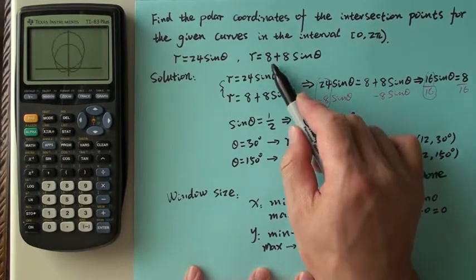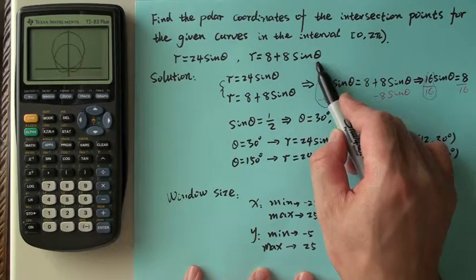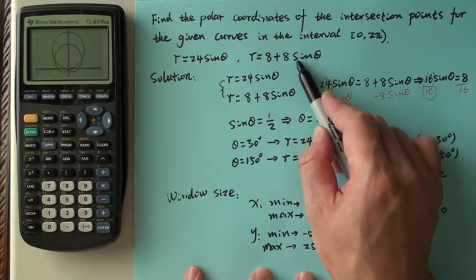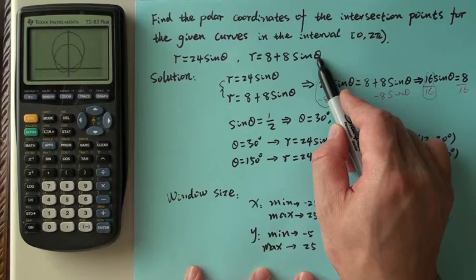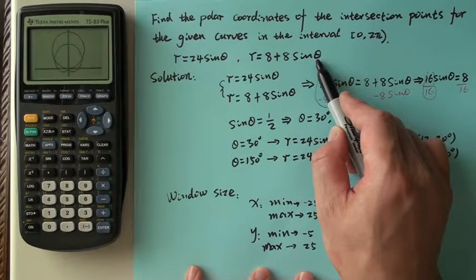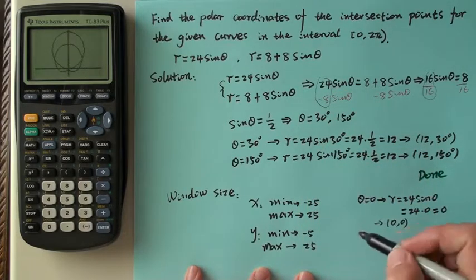You want 8 plus 8 sine theta to be 0, so let sine theta be -1. Theta will be 3 pi over 2, which gives us -1.